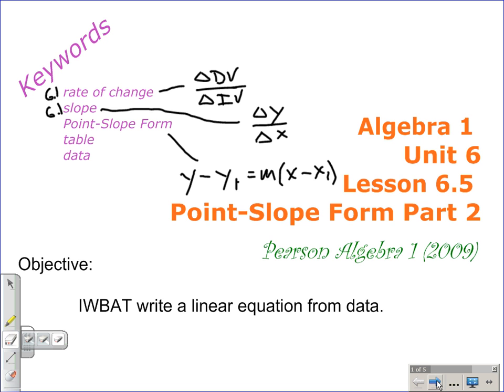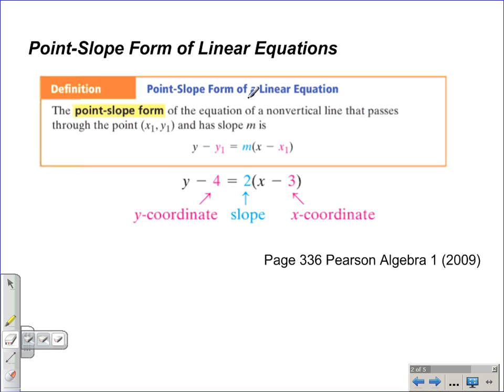So let's take a look at the point slope formula again real quick. It's the definition of the point slope formula from page 336 of Pearson Algebra 1, copyright 2009. Just as I talked about it before, it is y minus y sub 1 equals m times the quantity x minus x sub 1.